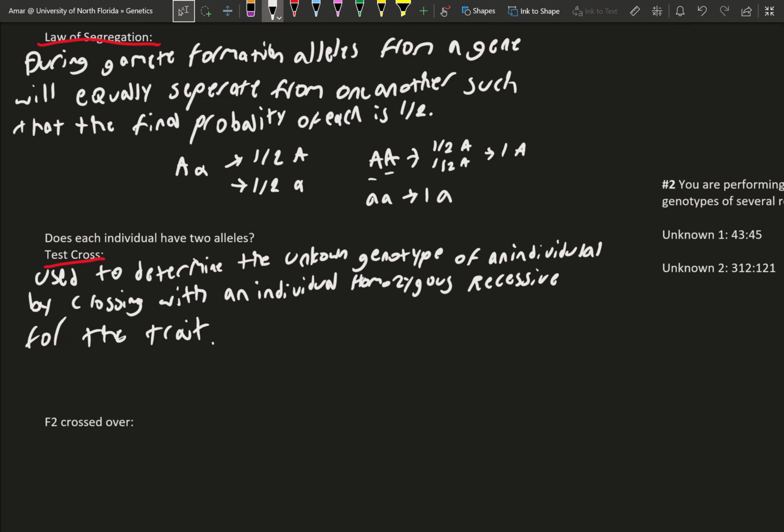You can use it to figure out if your unknown individual has the big A genotype or the big A little a genotype. You're not going to really use this for an individual that is recessive, because the only possible genotype they could have is little a.